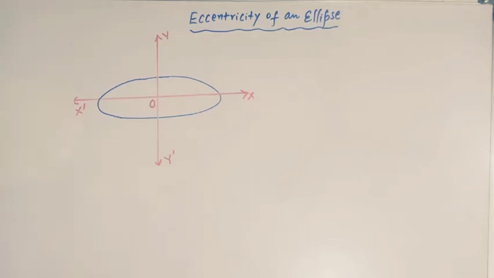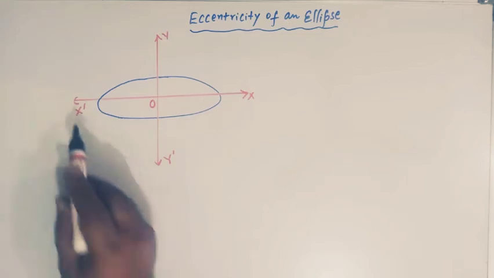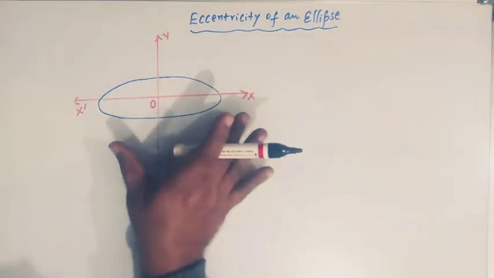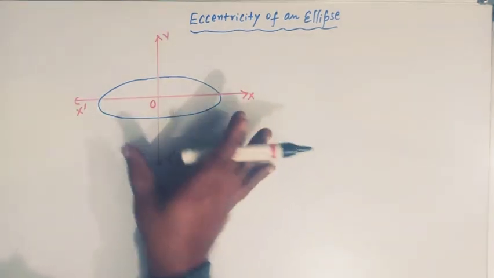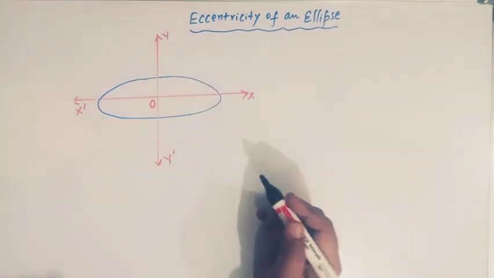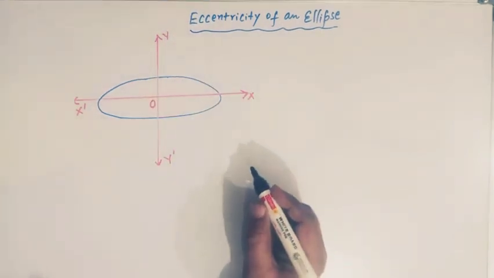Hello viewers, in today's lecture we are going to take up the concept of eccentricity of an ellipse. So eccentricity is an important property of any conic section, right? Here we have a rough sketch of an ellipse whose major axis lies on the x-axis and the minor axis lies on the y-axis, right?